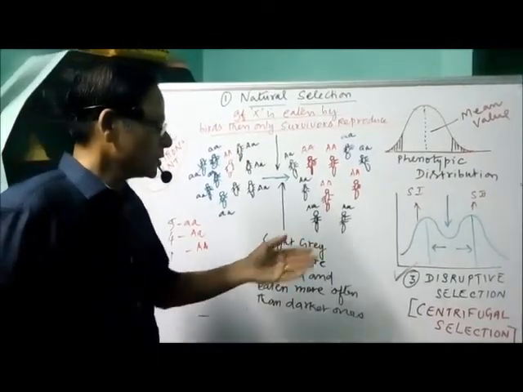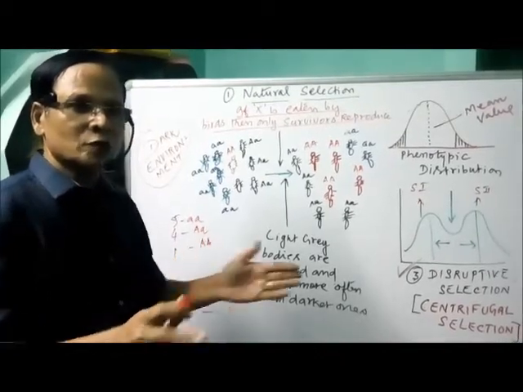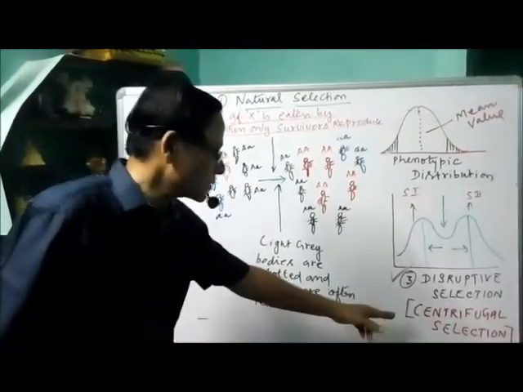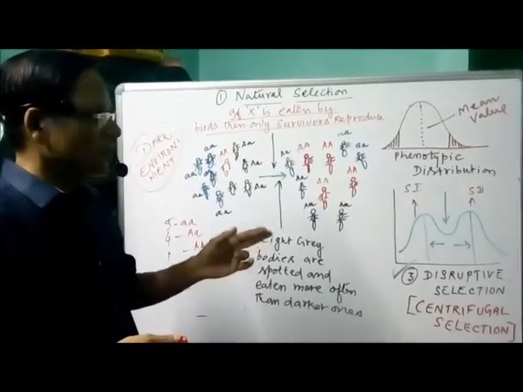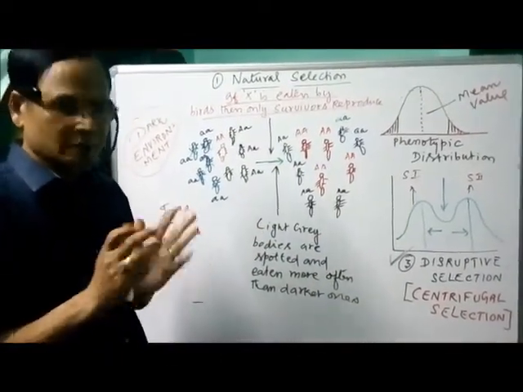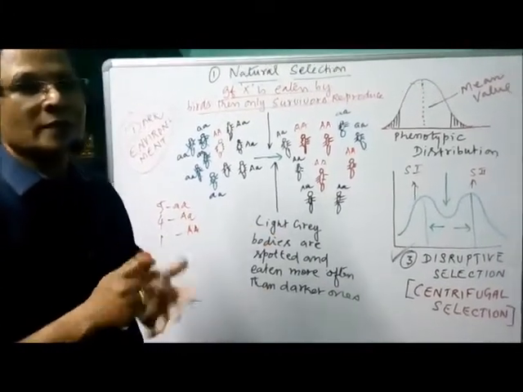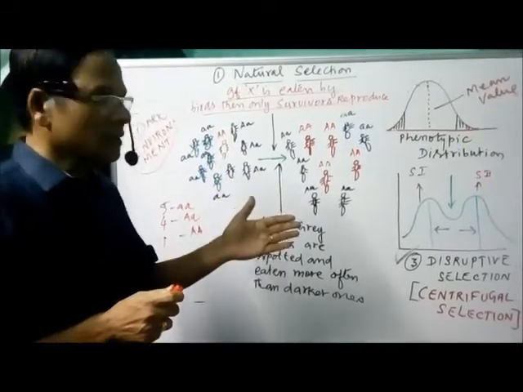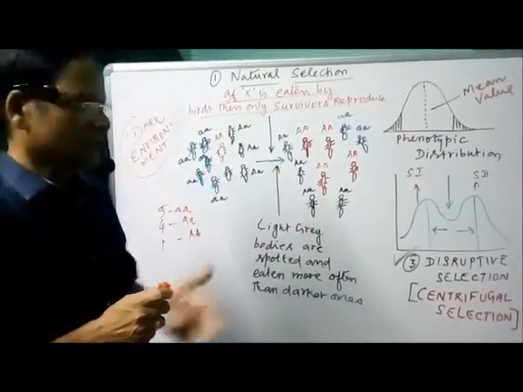Now here what is happening? Here the splitting occurs from the center towards the periphery, hence called centrifugal selection. So what's the meaning of that? Here the peripheral characters, the phenotypes at both the extremes, are selected, whereas the medium or average phenotype individuals are eliminated.